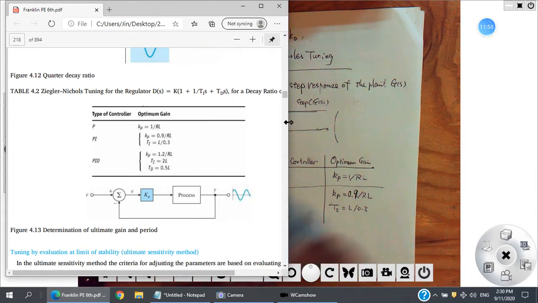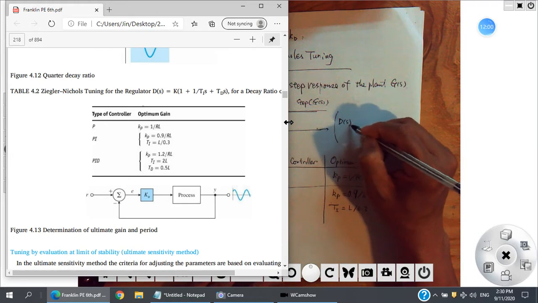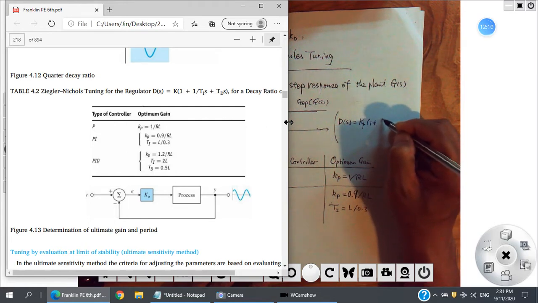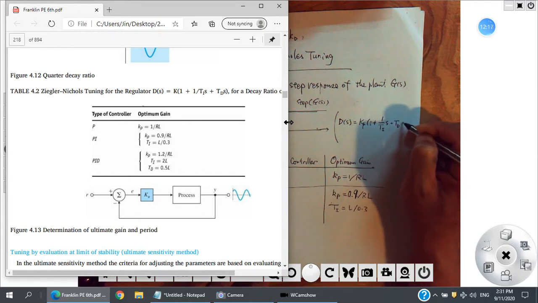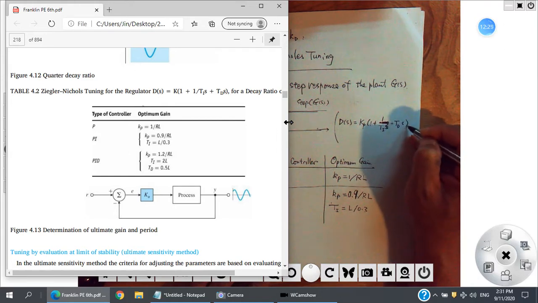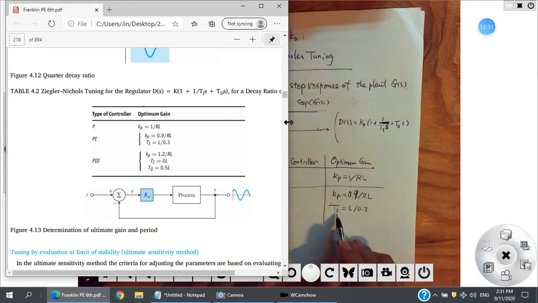You see, where d of s is written with parameter k, that is Kp actually, times 1 plus 1 over Ti times s plus Td times s. Oh no, the s is in the denominator: 1 over Ti times s, and Td times s.